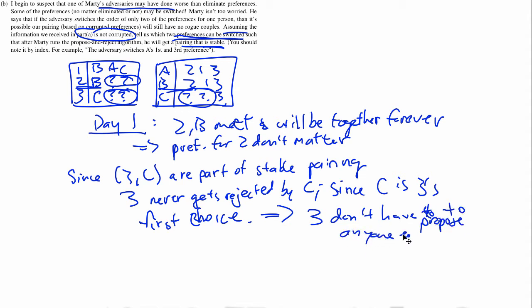And so this means that the preferences for 3 don't matter.